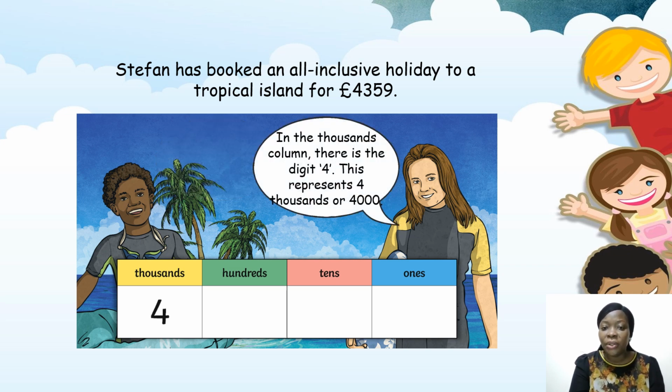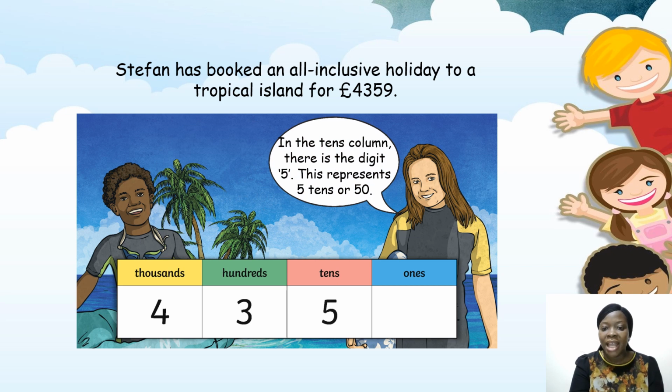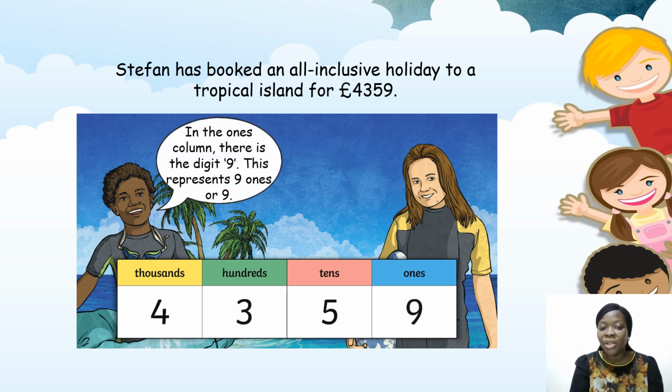In the thousands column, there is the digit 4. This represents the 4,000s or 4,000. In the hundreds column, there is the digit 3. This represents 300s or 300. And in the tens column, there is the digit 5. This represents 5 tens or 50. And finally, in the ones column, there is the digit 9.